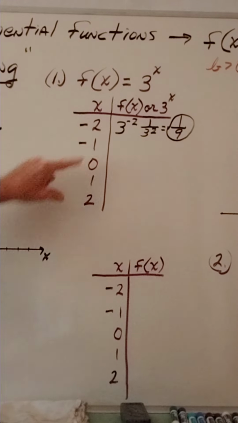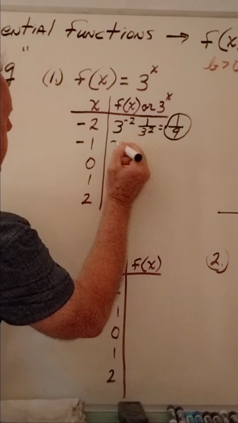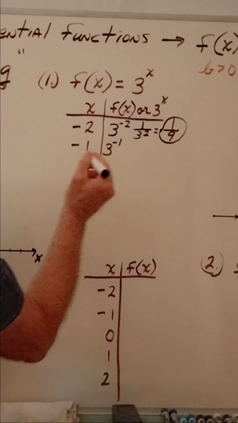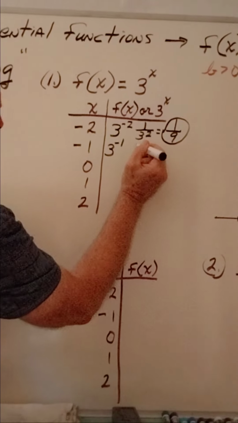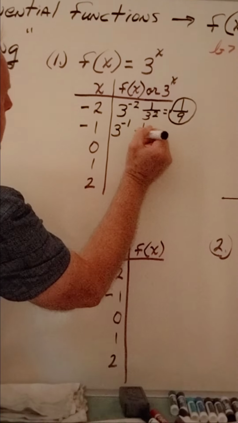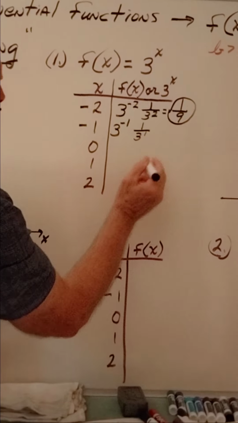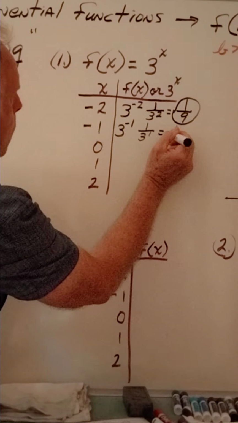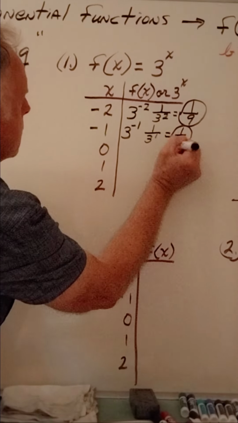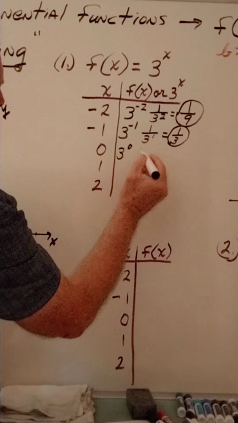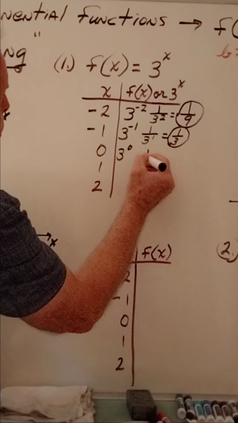Let's go to the second one. 3 to the -1st. Well, we can't have a negative exponent, so we will reciprocate that base. We can change that exponent to a +1, and that is simply 1/3. If x is 0, well then we'll have 3 to the 0, and we know that 3 to the 0 is 1.